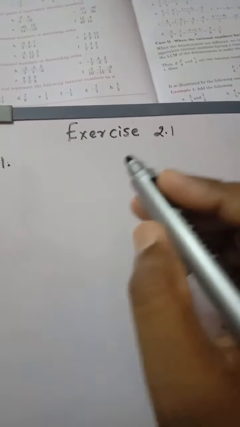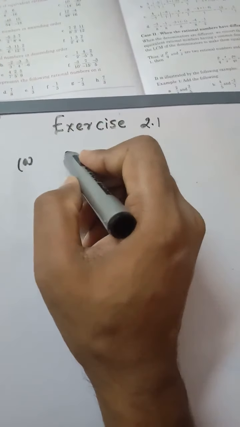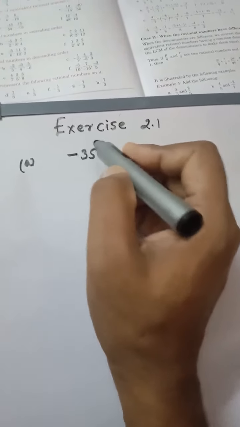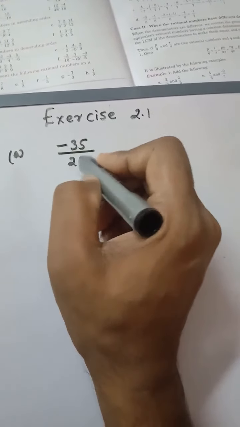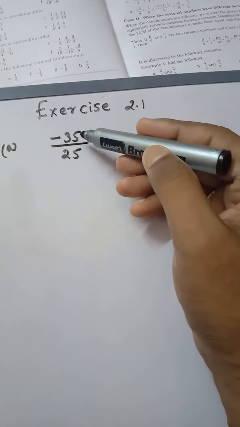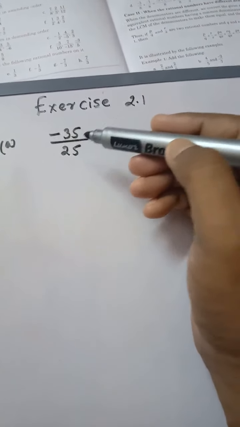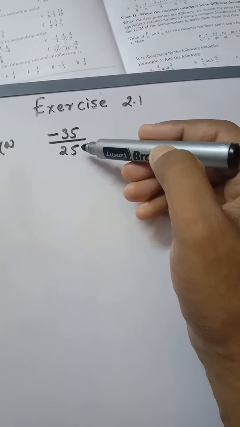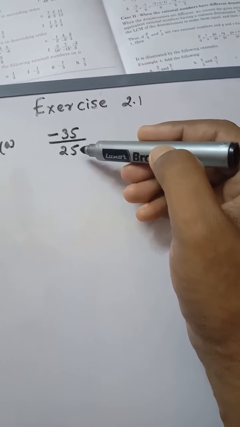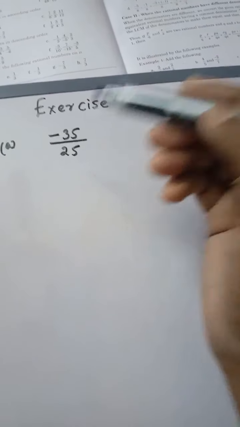Okay, so now question number 1a, we have a rational number minus 35 upon 25. Here we can see that in minus 35 and 25, 5 is common, and so we can reduce it to the lowest term by cancelling that 5, and already the denominator 25 is positive.